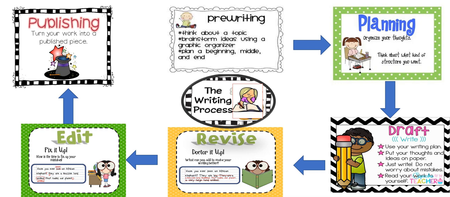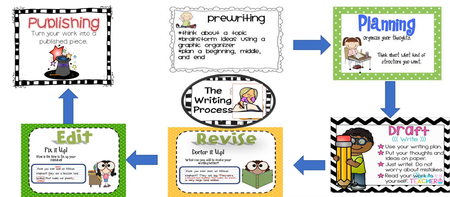Let me write about the day that I went to the beach. Or let me write about the day that I had so much fun with my friends. Anything you want to write about, you have to first think about it. You have to brainstorm it. That is a pre-writing.